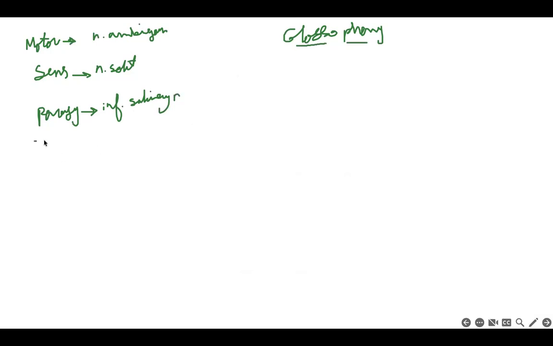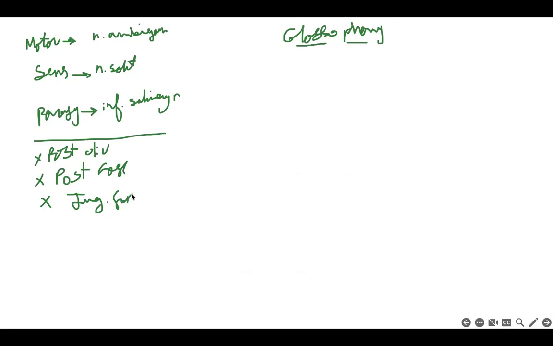This nerve exits from the post-olivary fissure of the medulla. After that, it exits from the posterior cranial fossa of the skull, and exits from the skull from the jugular foramen. Cranial nerve number 9 and number 10 and number 11 also exit from the skull from the jugular foramen.